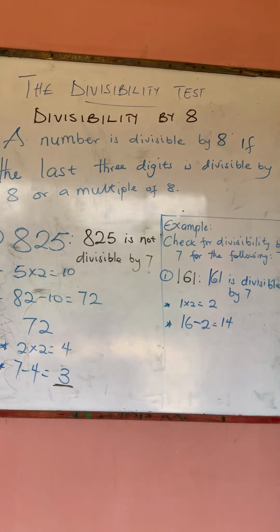So that is the condition for divisibility by 8. A number is divisible by 8 if the last 3 digits of the number are divisible by 8, or if the last 3 digits of the number are a multiple of 8.